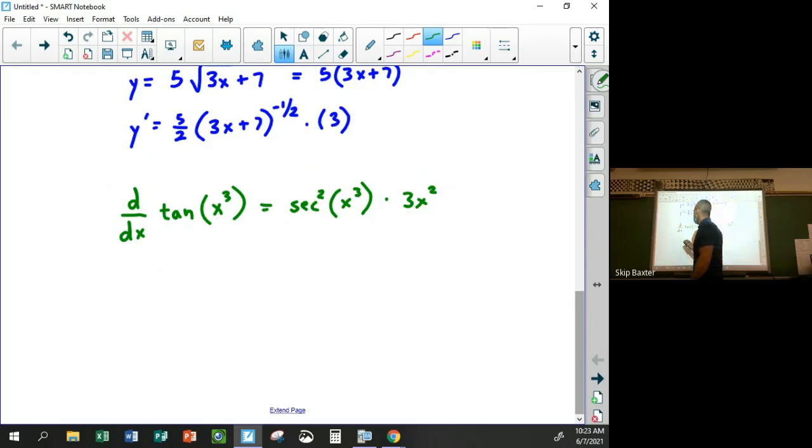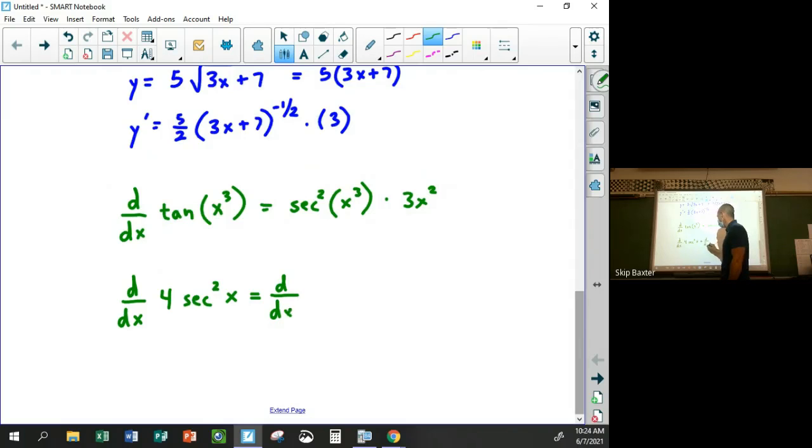How about this? What if I have the derivative of 4 secant squared x? Okay, so ultimately this is really, I'm just rewriting it now. I'm not taking the derivative yet.